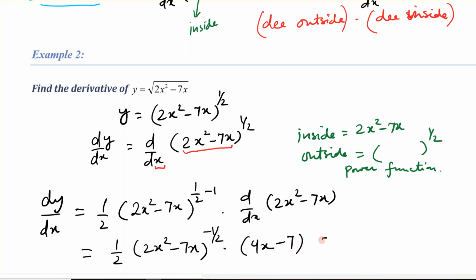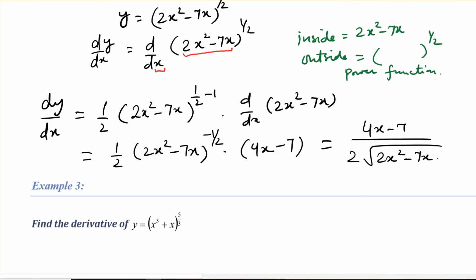Or if you want, you can rewrite your final answer in terms of positive exponents only. In this case, we have 4x minus 7 over 2 times the square root of 2x squared minus 7x. So this is our required derivative in this case.